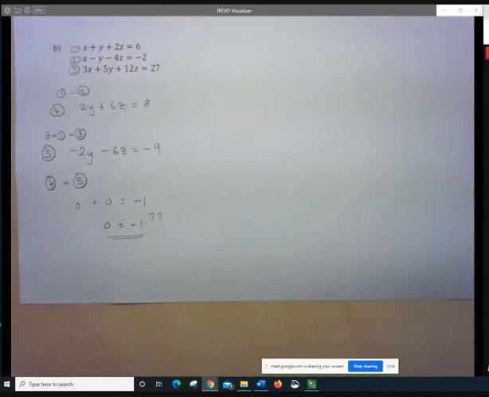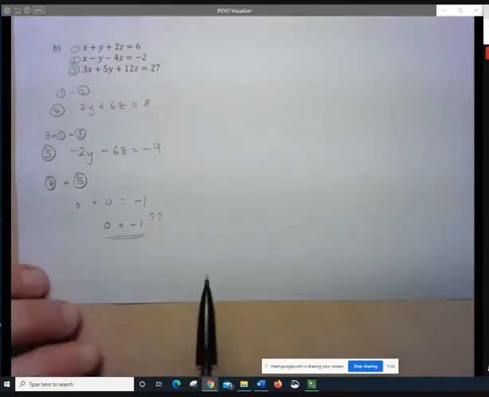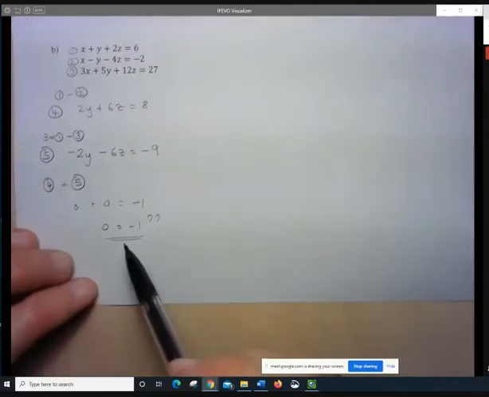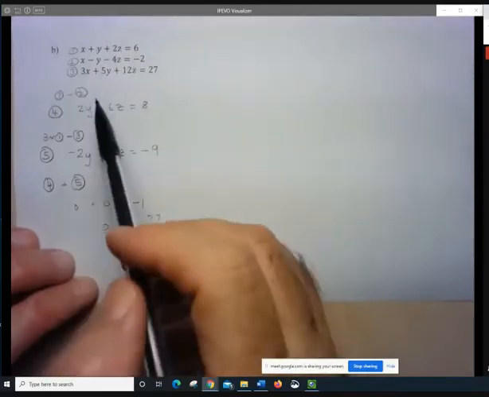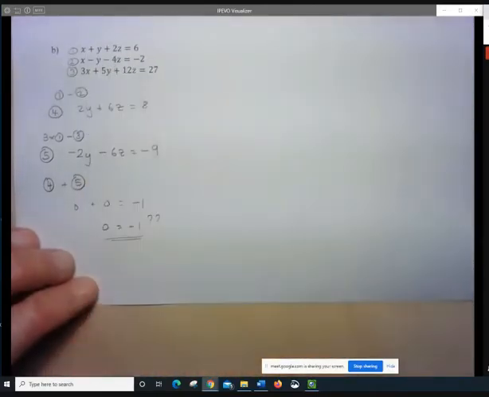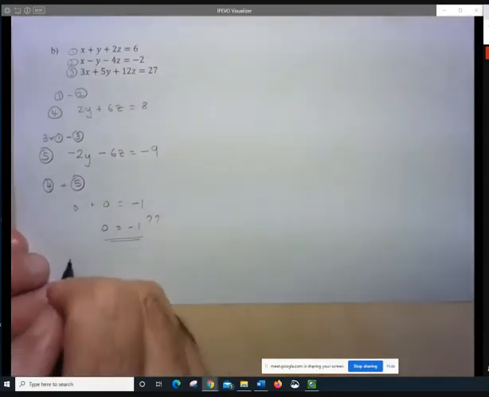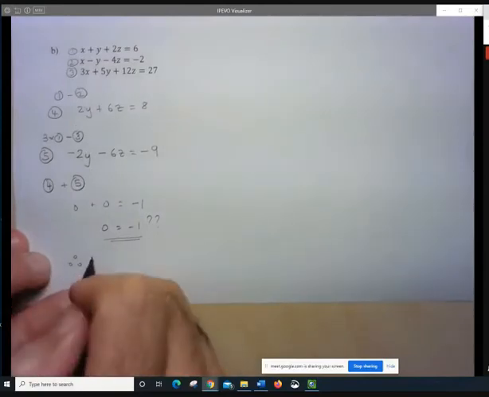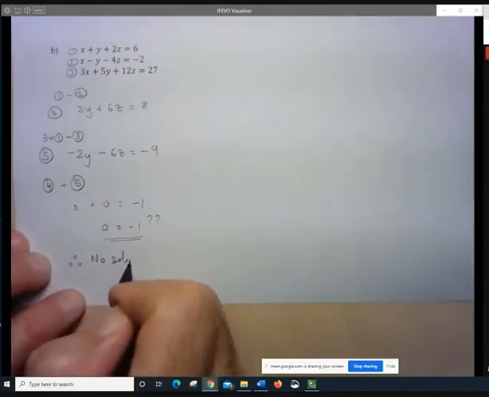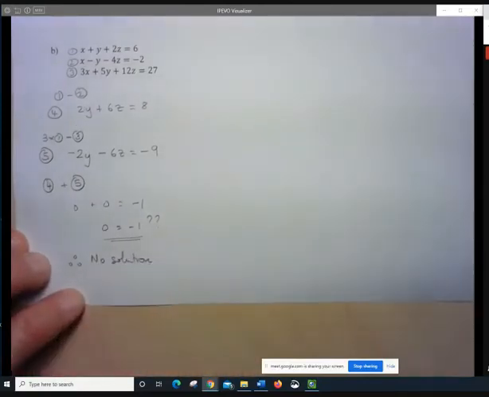It's never equal to negative 1. It never will be. So what this tells us is that our original assumption, that there was a solution to this system of equations, must be wrong. So our only alternative is that there's no solution to this system of equations.